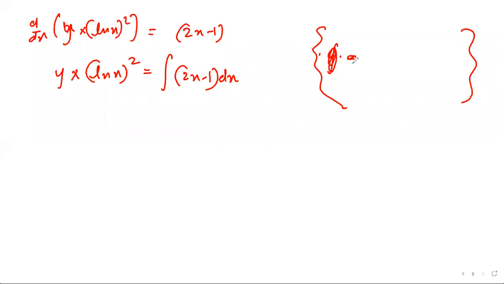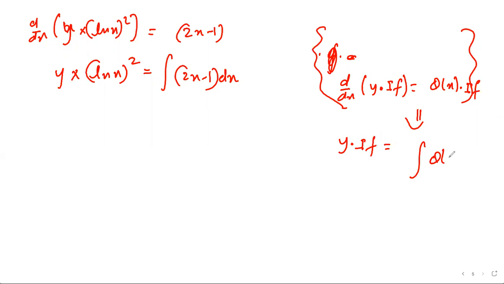The main step is that the derivative of y times the integration factor equals q of x times the integration factor. And one more step, if you integrate both sides, y times the integration factor is the integral of q of x times the integration factor dx. So this is how you do the integration.